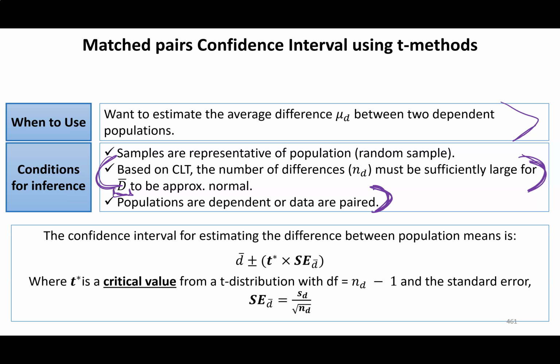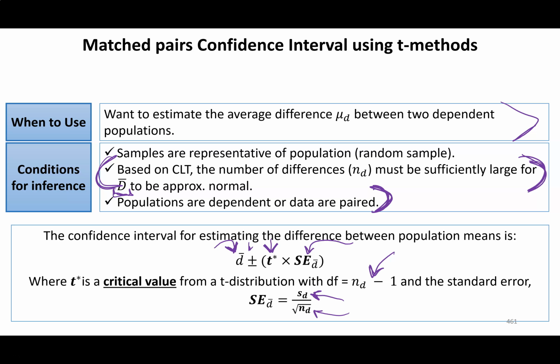So if we want to do a confidence interval, the setup is still going to be: what did I see in the sample, so D bar, plus or minus a t star times your standard error of the D bars. That standard error of the D bars is just going to be the standard deviation of the sample of differences over the square root of the number of pairs that you have.